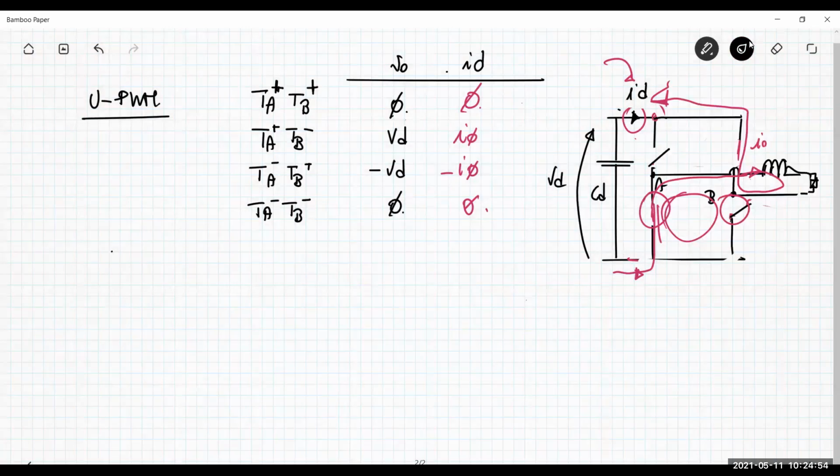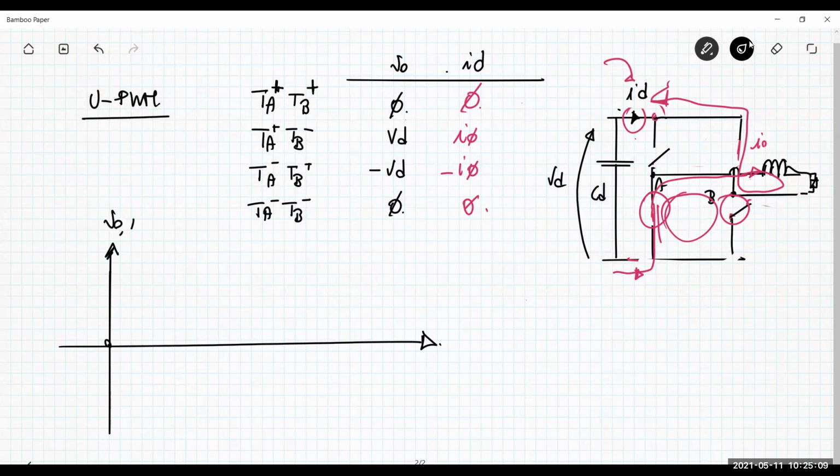Let me just consider the graph of the output voltage V naught and I naught, supposing the average value, something like this.